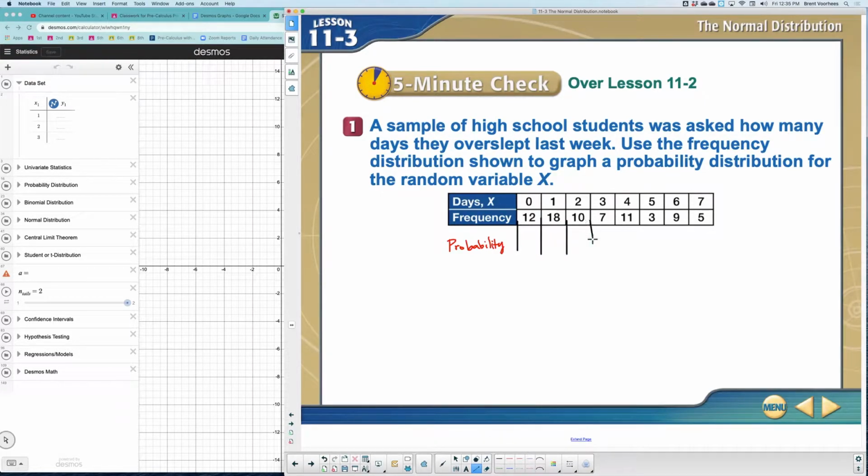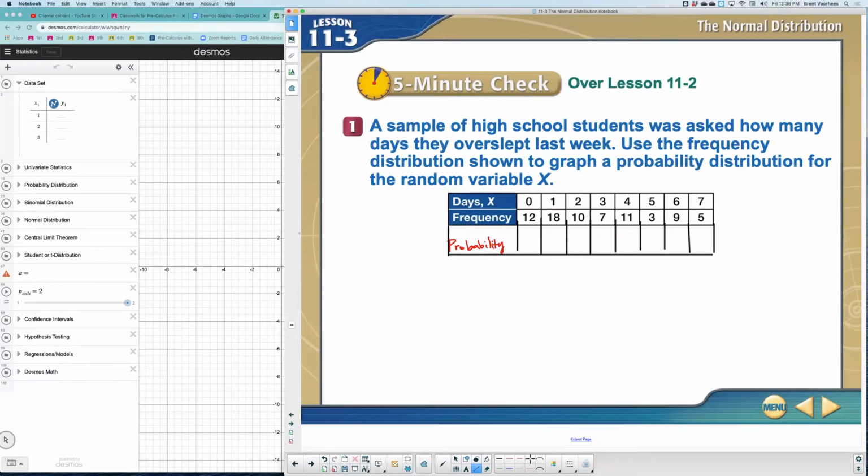And what we need to do is come up with the sum. So we could use the calculator or even just add them across. 12 plus 18 is 30, plus 10 is now 40, plus 7 would be 47, plus 11 would be 58, 61, 70, 75. I believe we have a total of 75 here.